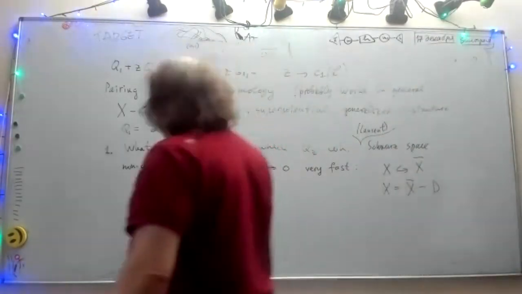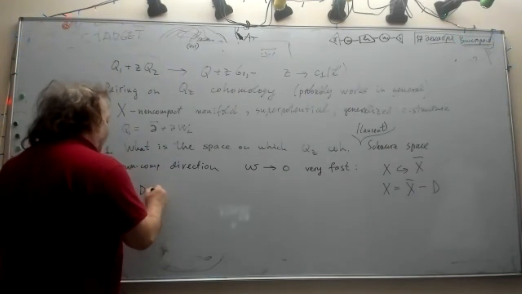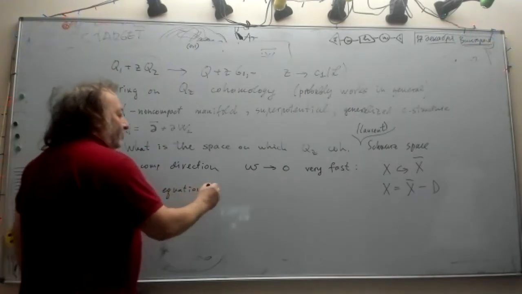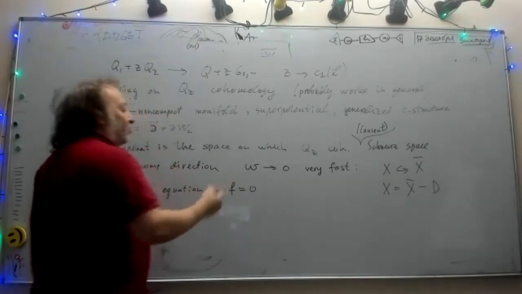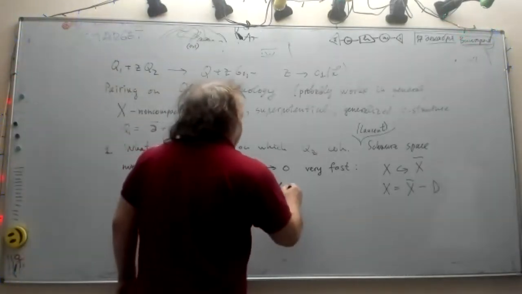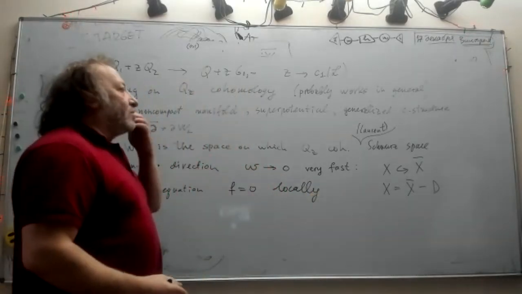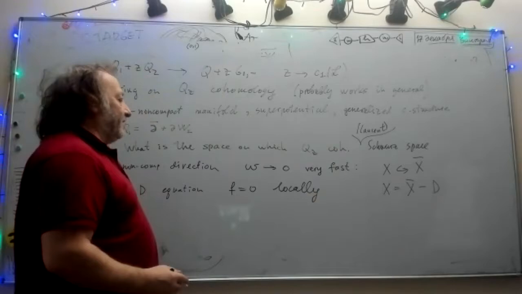And this divisor has an equation, something like f equal to 0, at least locally. So what could be the Schwartz space here?